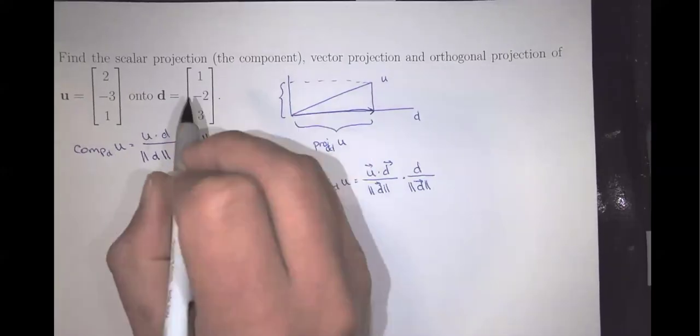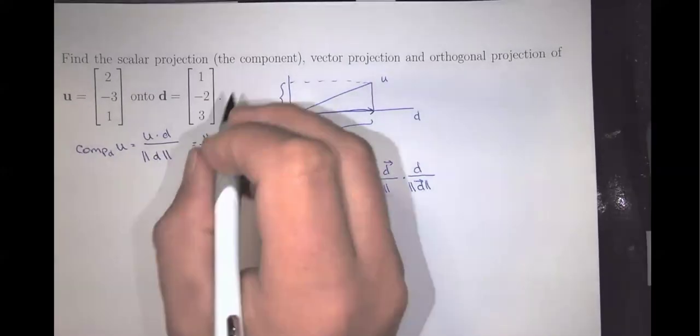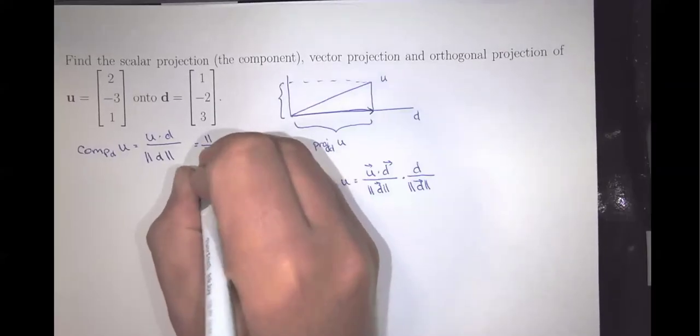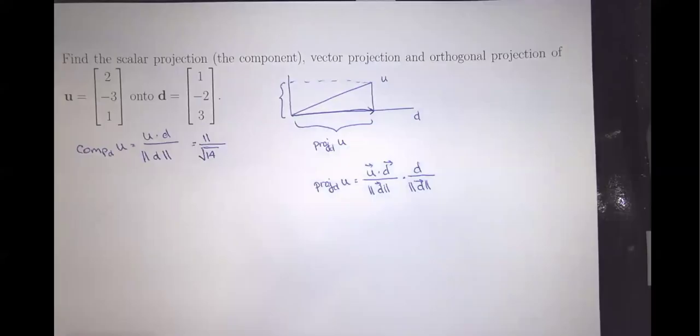And the length of D is 9 plus 1 is 10 plus 4 is root 14. So that's the length of the projection, or it's also called the component, or it's called the scalar projection.